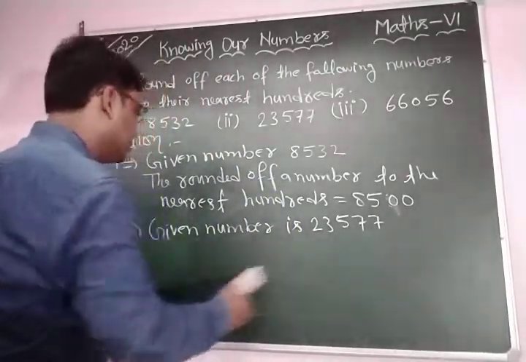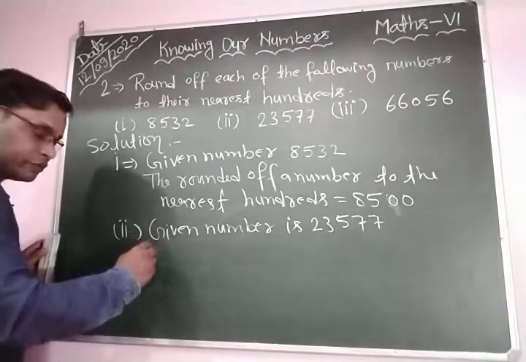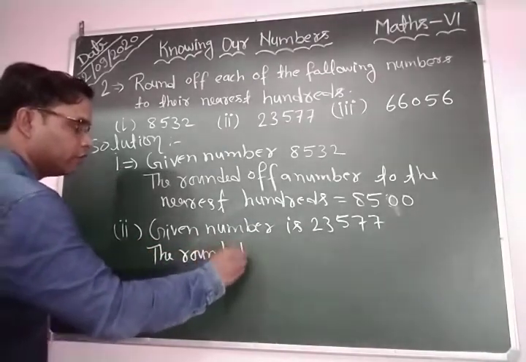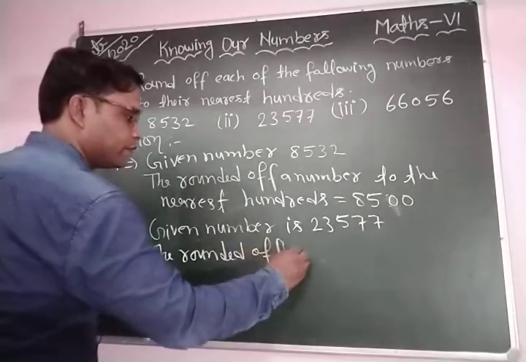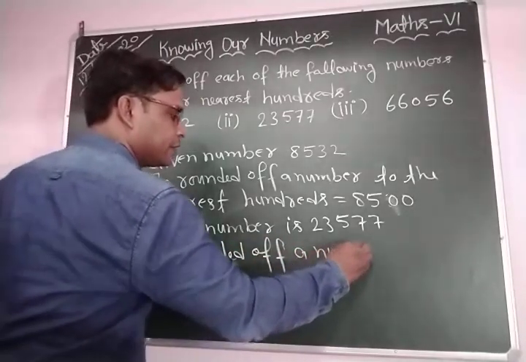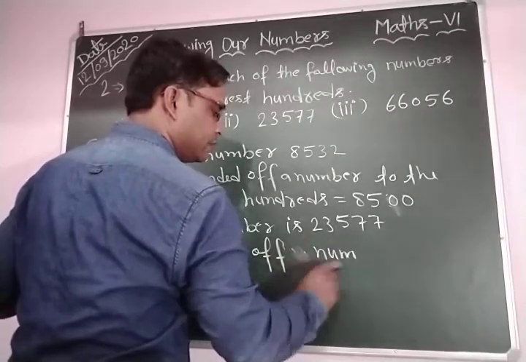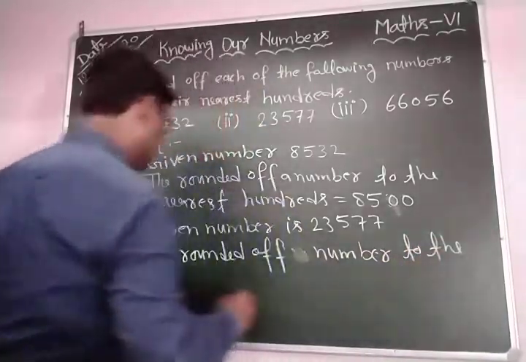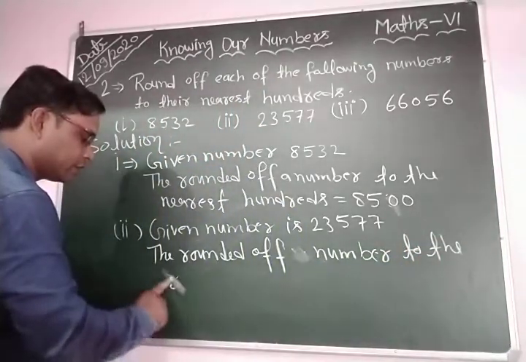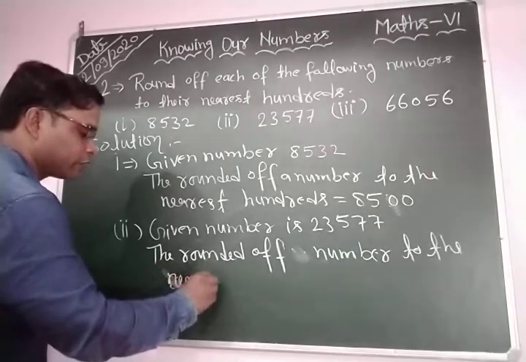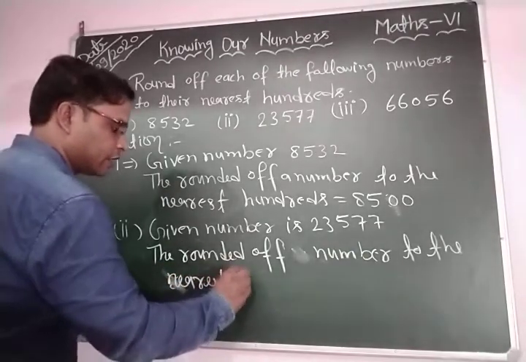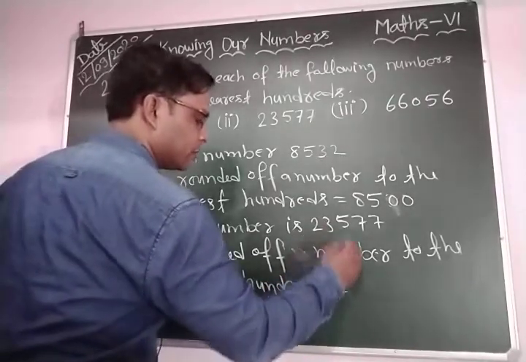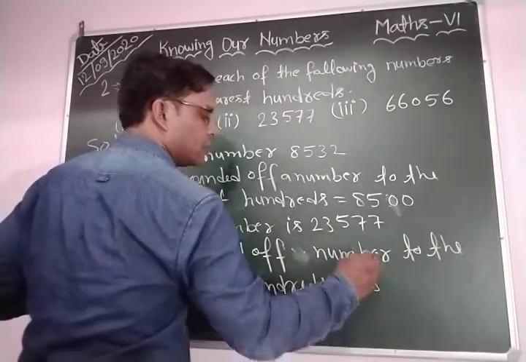So let's see how to write it. The rounded off number to the nearest 100 is equal to 23,600, because the 100 place digit becomes 6.